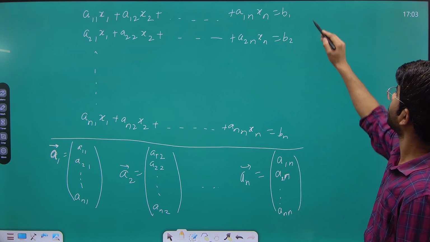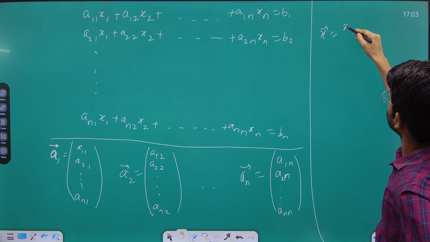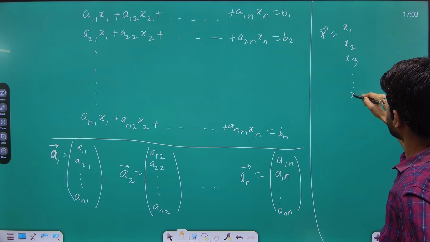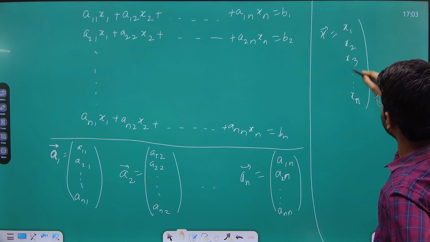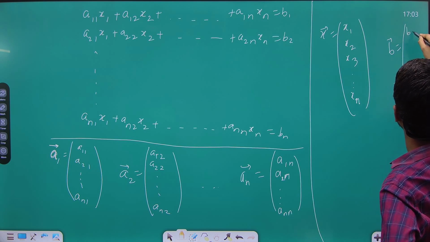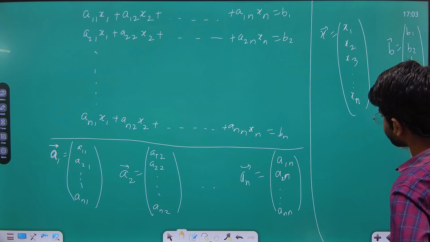Okay. And you have vector x equal to x1, x2, x3, and so on to xn. Similarly, you have a vector b equal to b1, b2, and so on to bn. Okay.